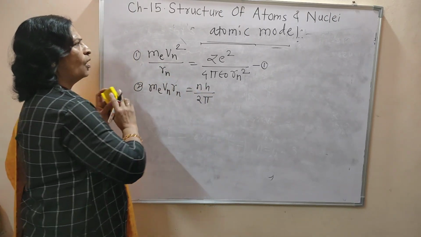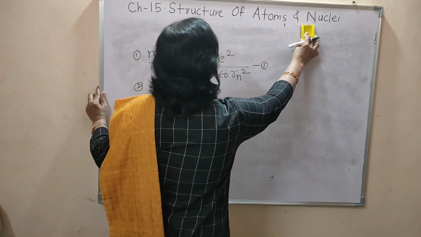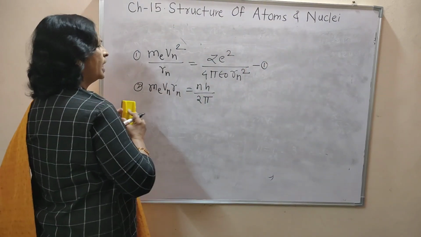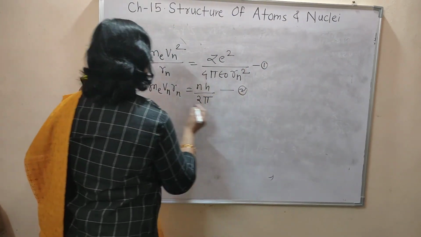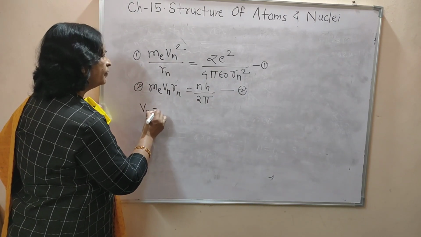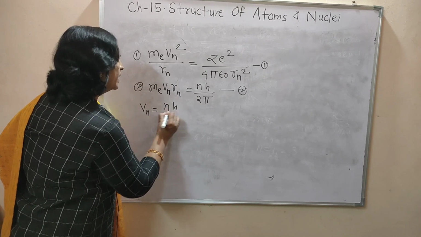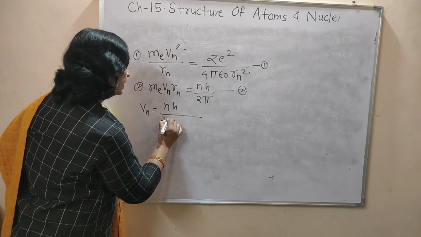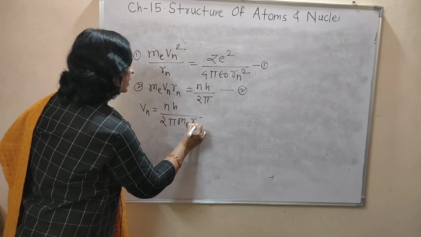Now we have to obtain the derivation for Bohr's radius. Now rearrange this equation for the value of Vn. The value of Vn is nothing but nh by 2 pi me Rn.